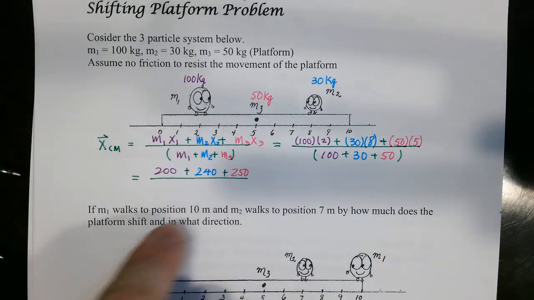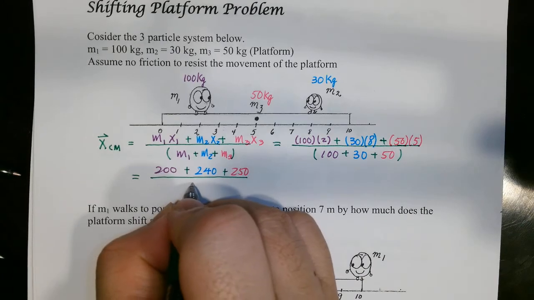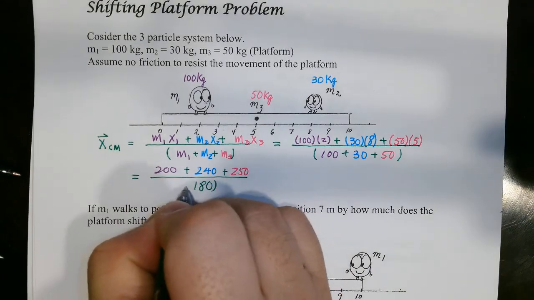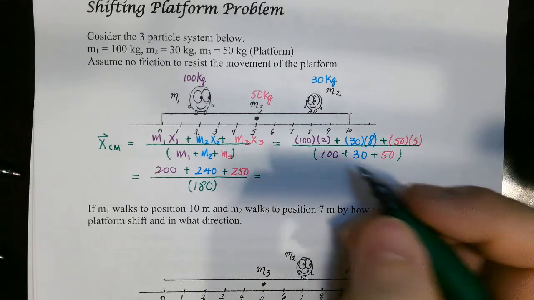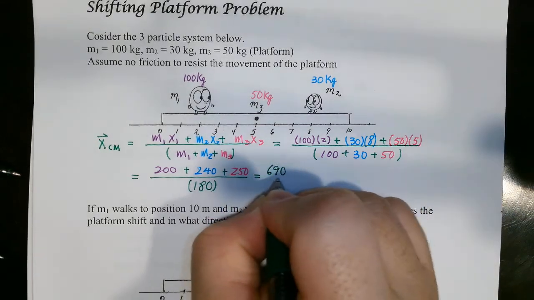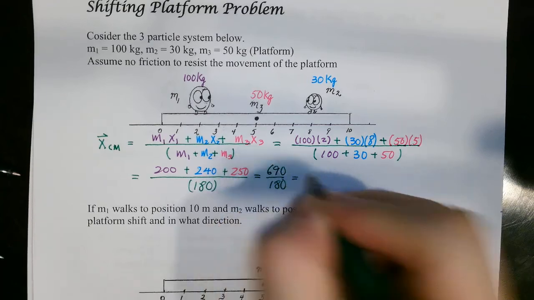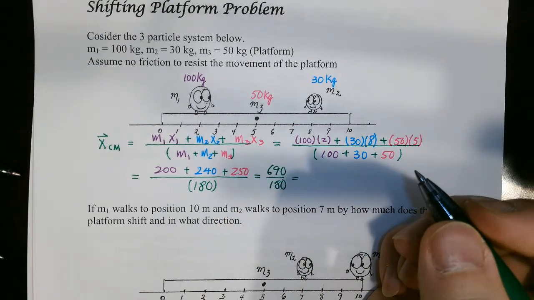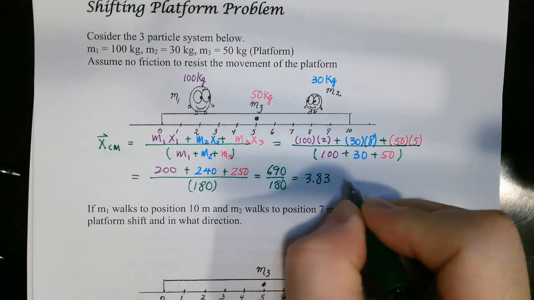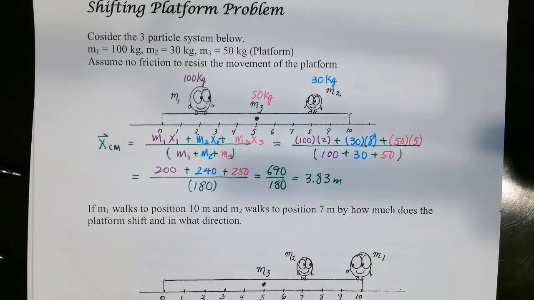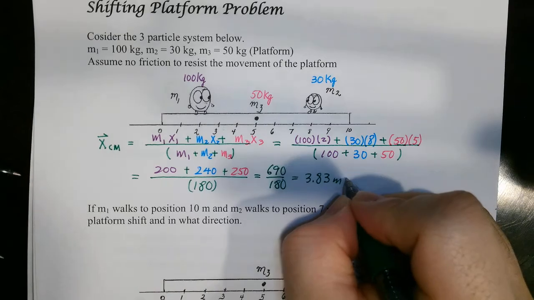Divide that by 180, right? So that is 690 divided by 180, and that comes out to 3.83 meters, x hat, obviously. Right?